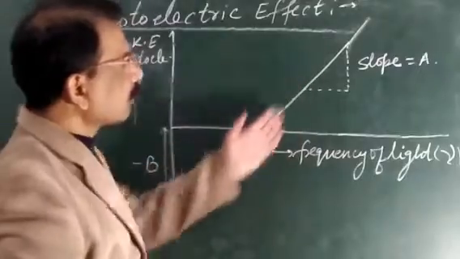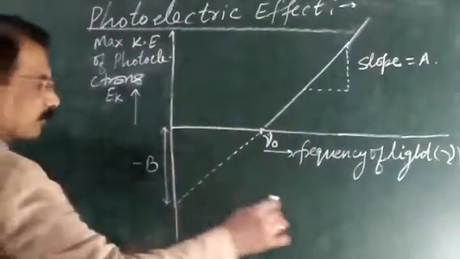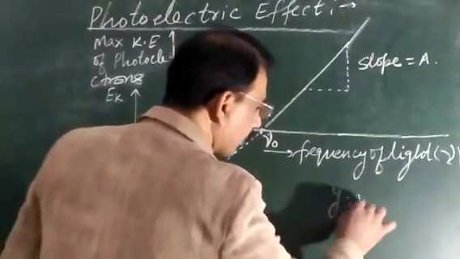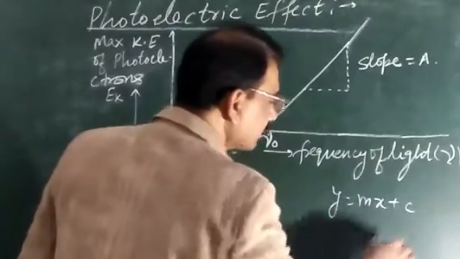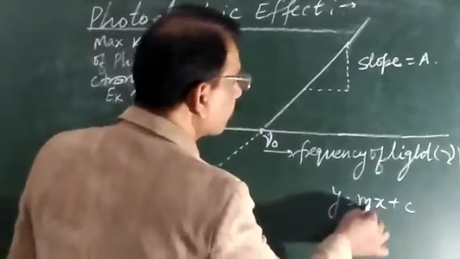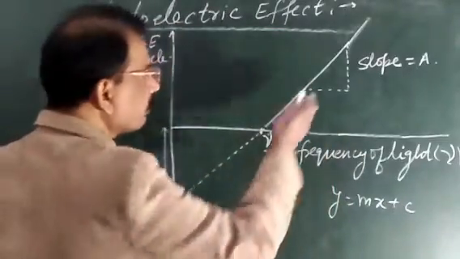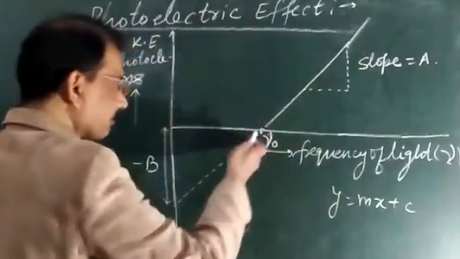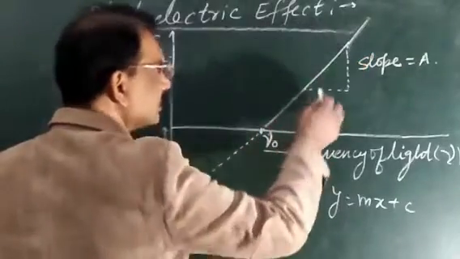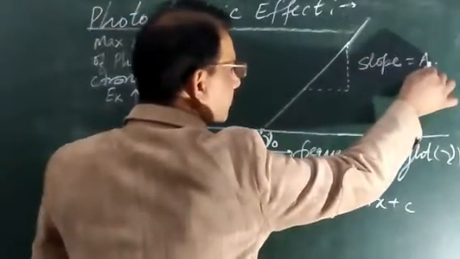You know the equation of a straight line: y is equal to mx plus c, where m is the slope of the straight line and c is the y-intercept. So for this graph, suppose the slope is given by a.